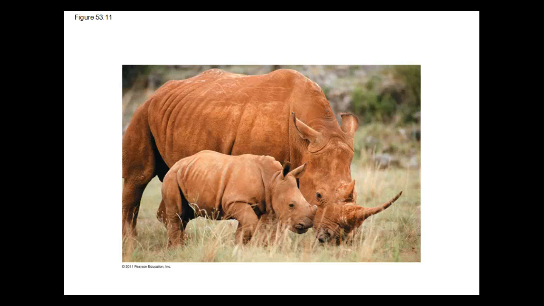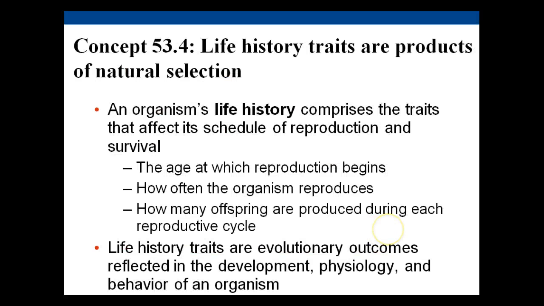So you start making some hypotheses about what could have happened. Is it more in an area where there's hunting or conservation, or what's actually making these organisms decrease in population? And then the last part is looking at life history.